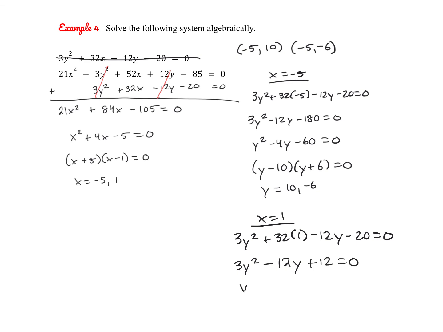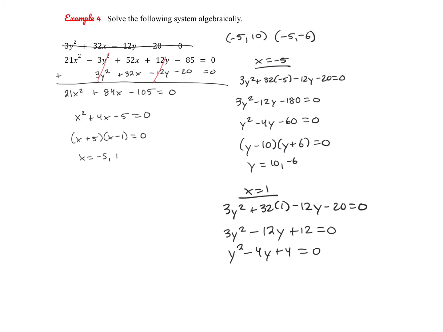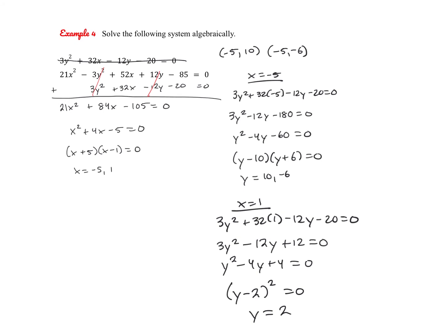So let's divide both sides by 3. All right, and here this leaves us with (y minus 2) squared equals 0. So here we actually just get a single y value as our solution, even though it's a quadratic. So that means that our third point of intersection is at 1, 2. So we have 3 solutions for this system.